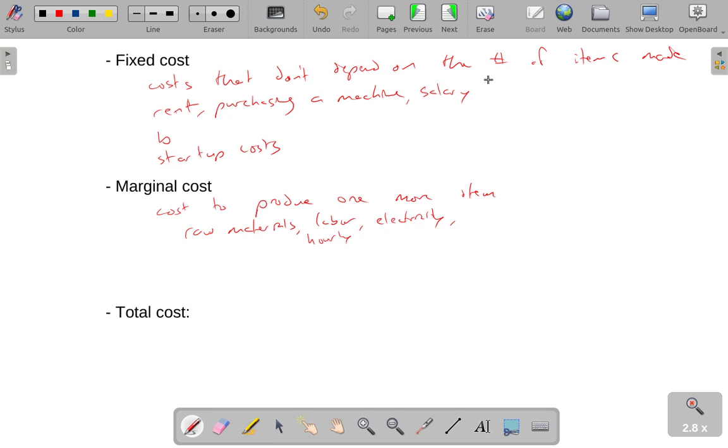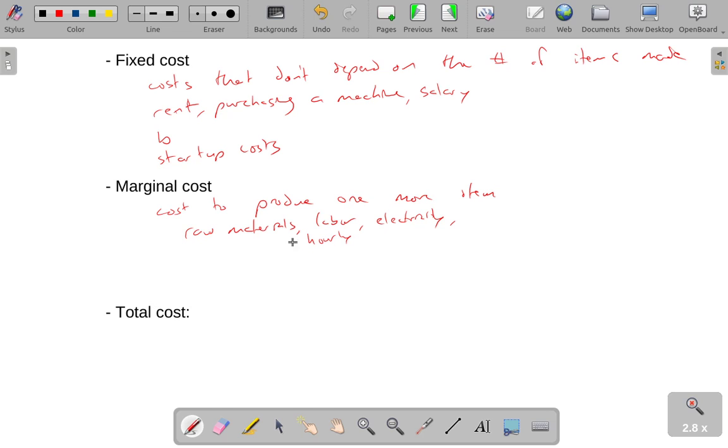You just say, get these things done. Generally, salaried employees would be part of your fixed costs. So you can see your employee costs can even be split between fixed and marginal costs.